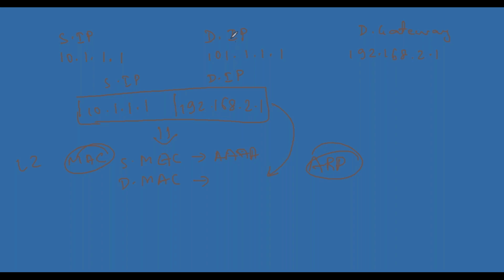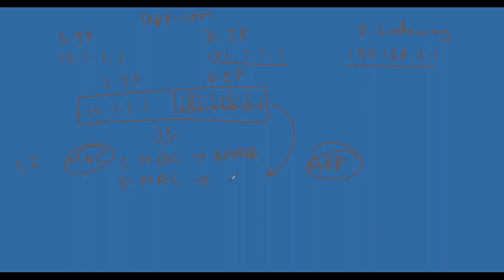Sorry, in here, this will not be the destination. The destination will be this IP, because my application app.com corresponds to this IP address. But after I check the routing table, in order to reach this network, I have to send a packet to this.